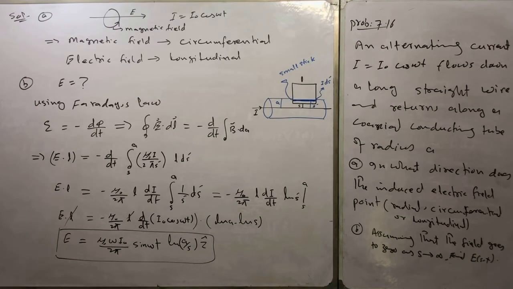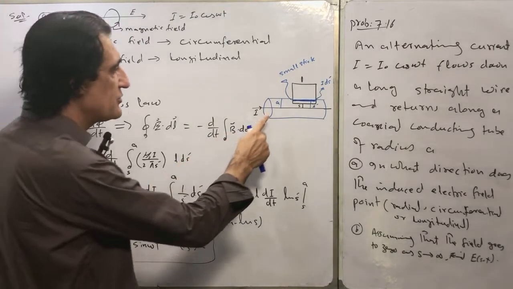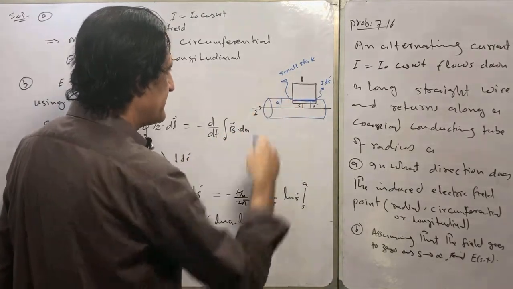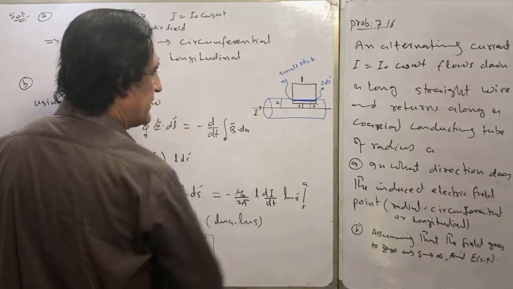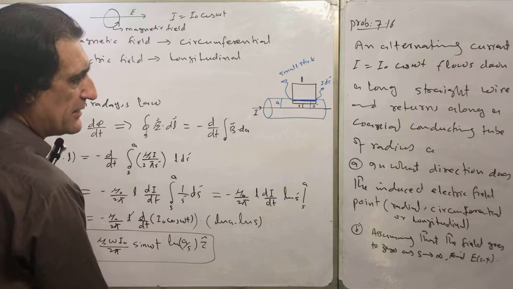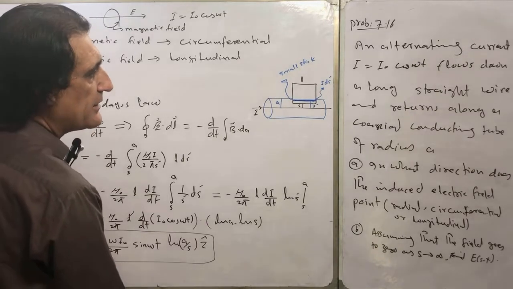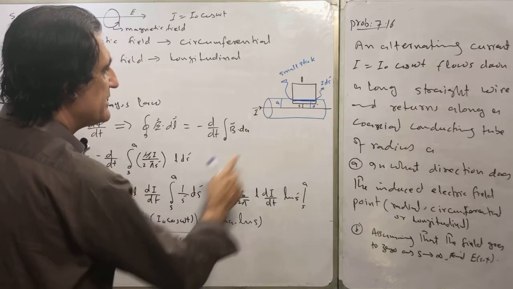The second point is to find the electric field E. To find it, we use this kind of figure. We have a coaxial shape and a conducting tube with radius a.